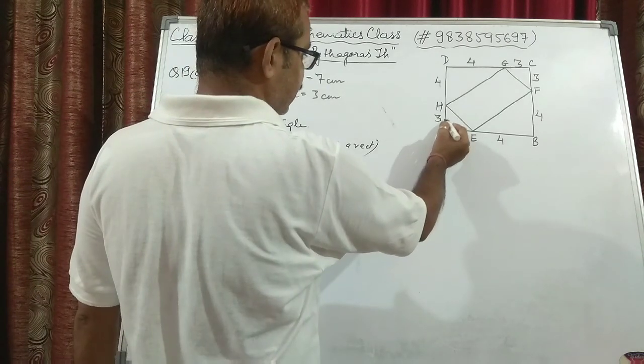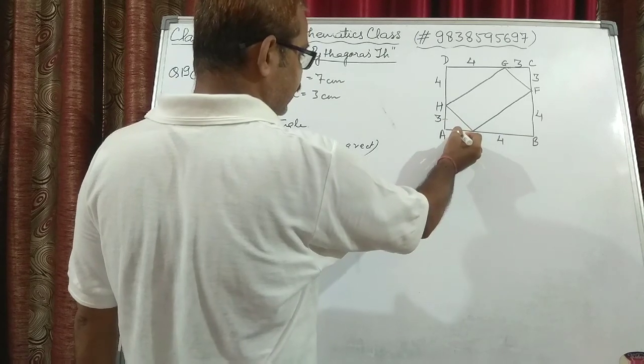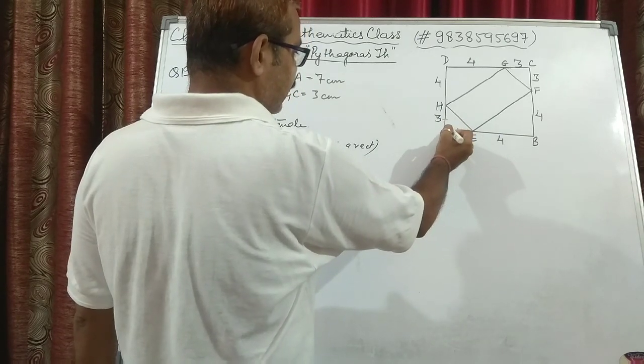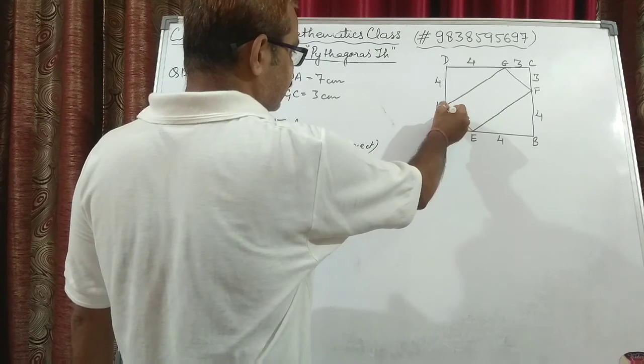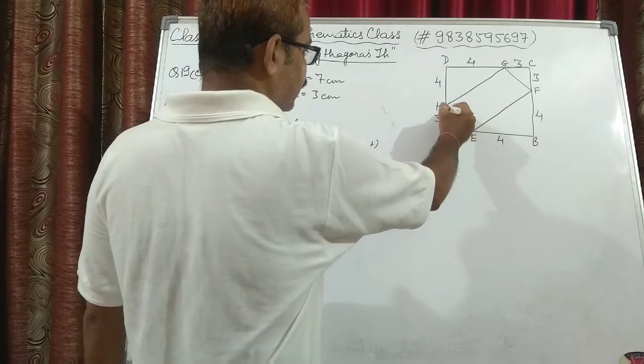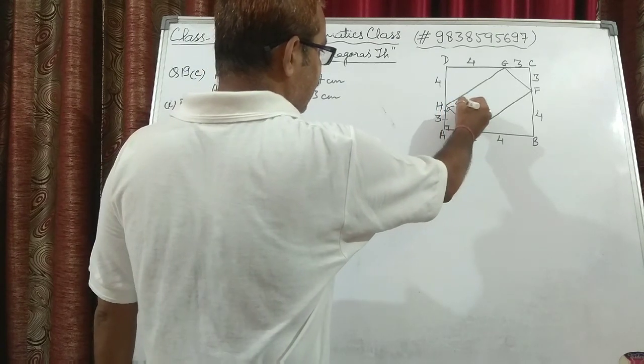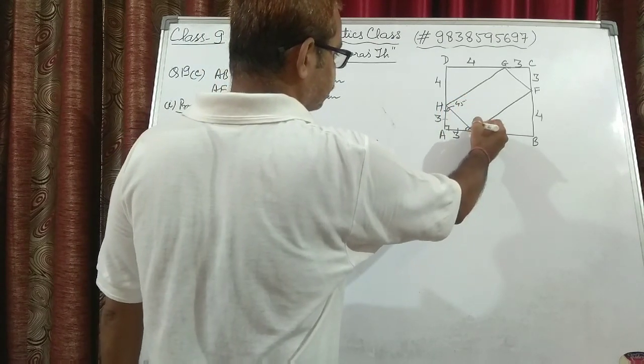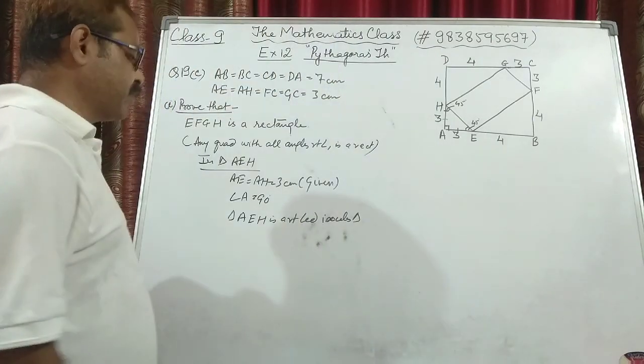If isosceles triangle, it means this side and this side are equal, and this angle is 90 degrees. It means this angle and this angle will be 45 and 45 degrees.